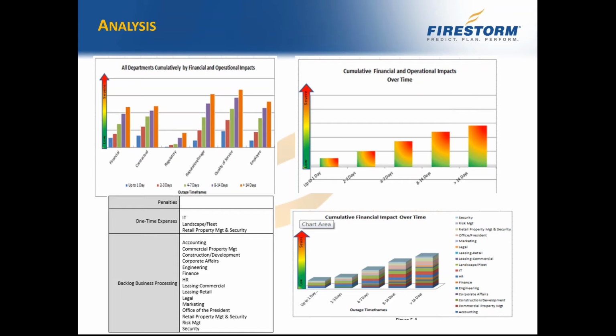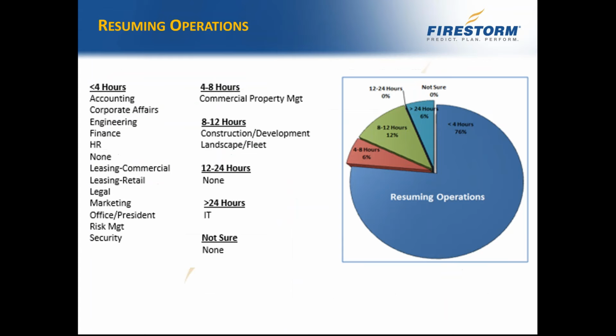And then you look at the expenses and the penalties and where they're occurring, the cumulative impacts over time as those elements would continue. In resuming operations, this is how long does it take, if the department's completely down, to restore those operations. Some come up very quickly, and in this particular company, if you got the IT systems back up, they could start to operate, and you can see the big portion of it. Some of the others took longer.